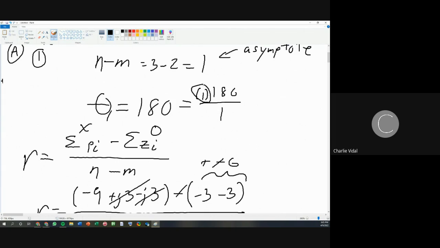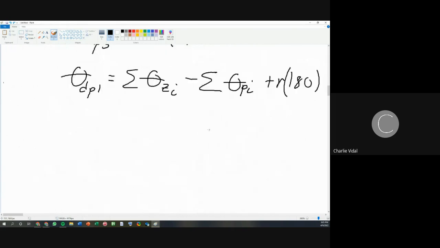Remember, we did 1, 3, and then 5. So if you were doing multiple of them, you would multiply it by R, but it doesn't really matter, because if you multiply R times 180, let's say 3 times 180, and then you subtract that by 360, it's in the same place.